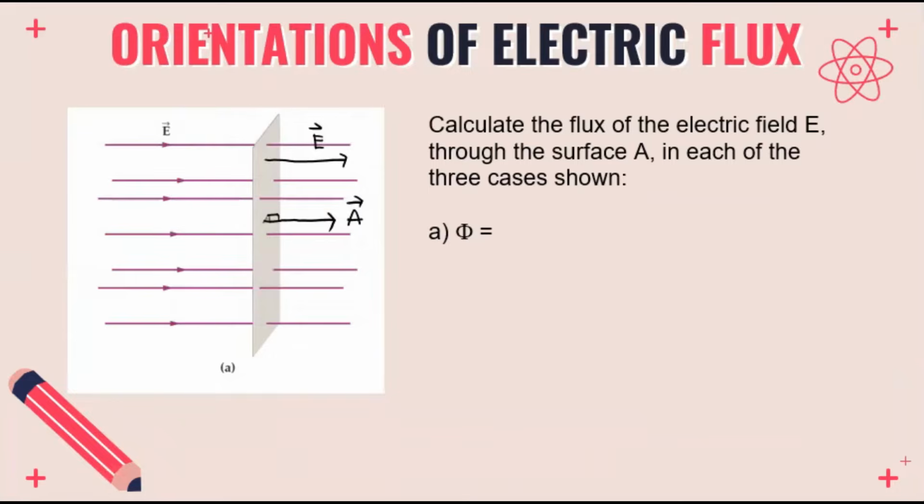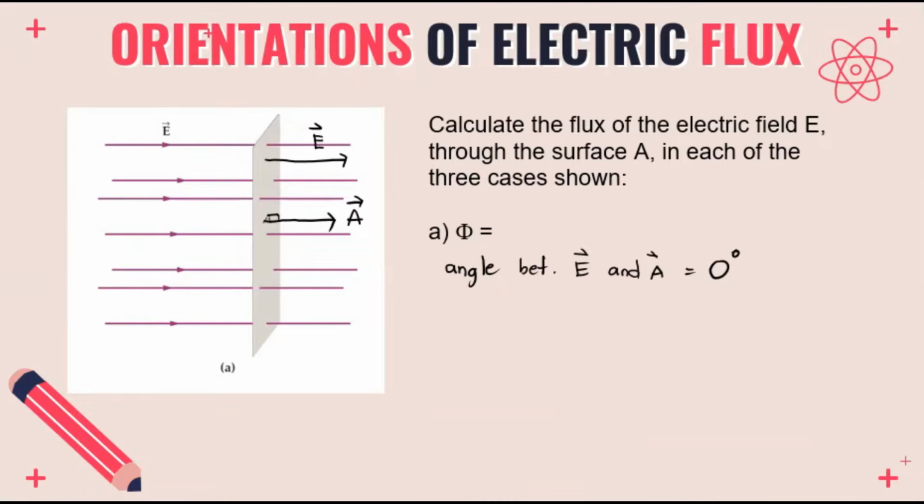So makikita natin the angle between our electric field vector and our area vector is equal to 0, kasi pareho silang nasa x-axis.